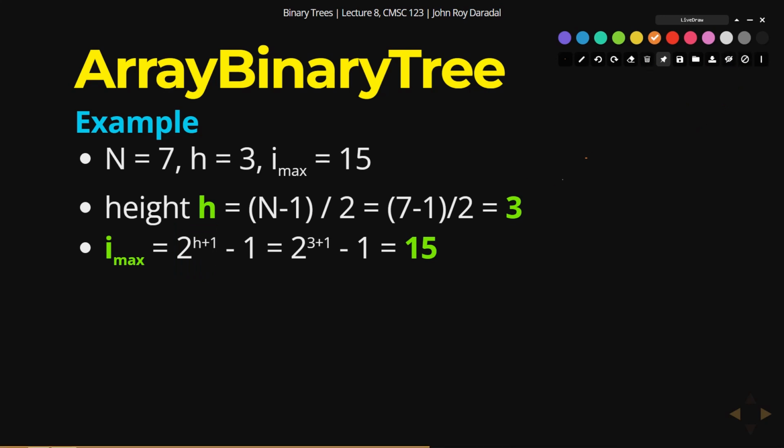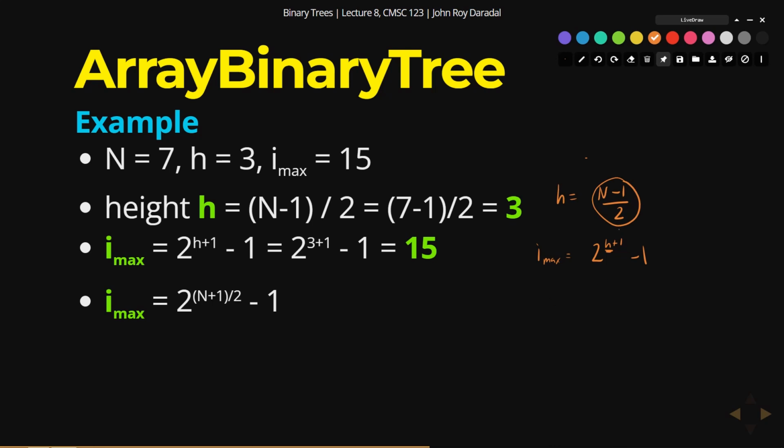Wherein h is equal to n minus 1 over 2, and you also have I max is equal to 2 raised to h plus 1, minus 1. Now, if we combine these two, we substitute the value of h with n minus 1 over 2.